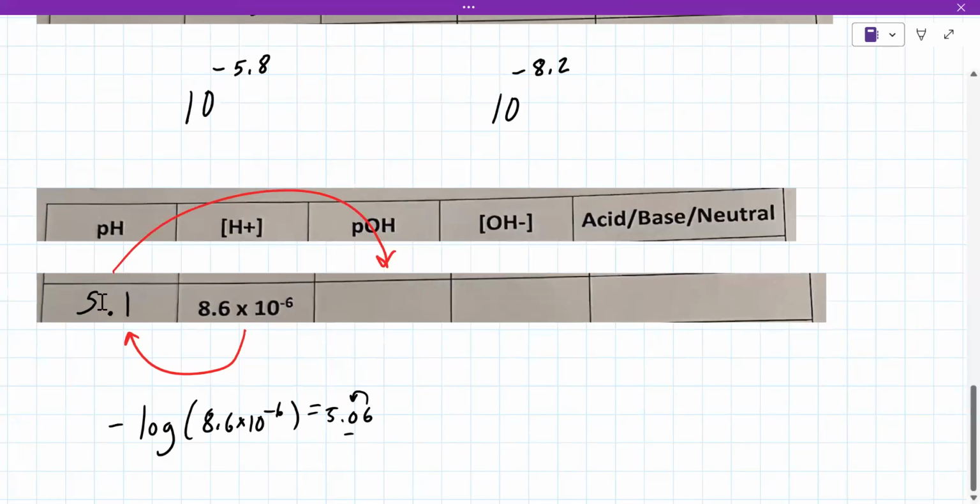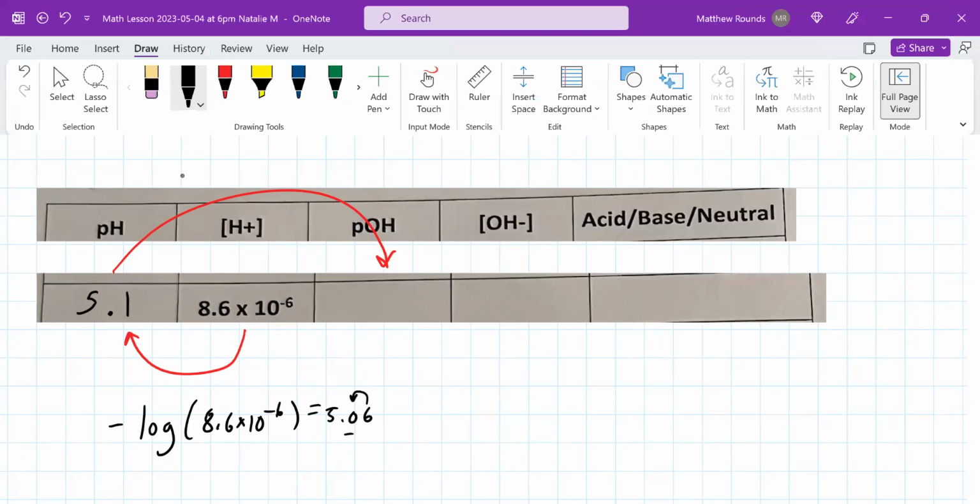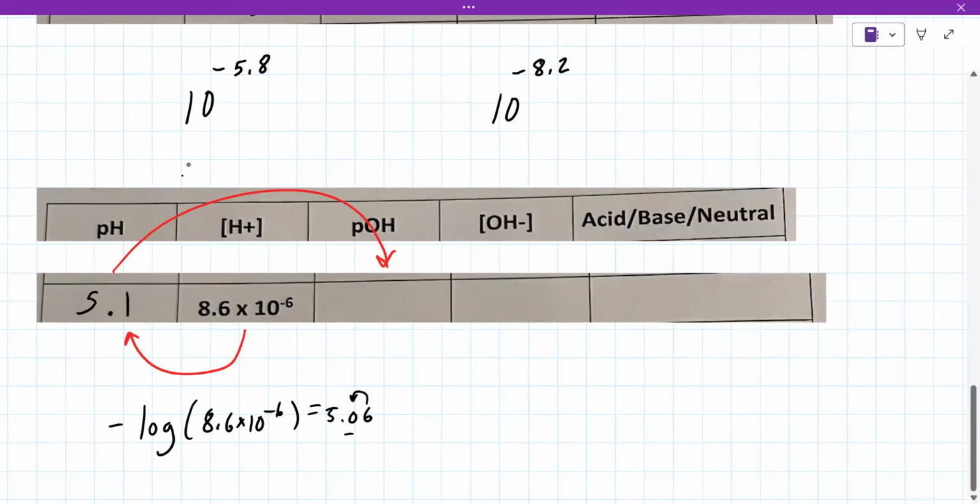So go ahead and subtract from 14. 8.9. Okay. And then we can decide here, is it an acid or a base or neutral? It's an acid. Yep.